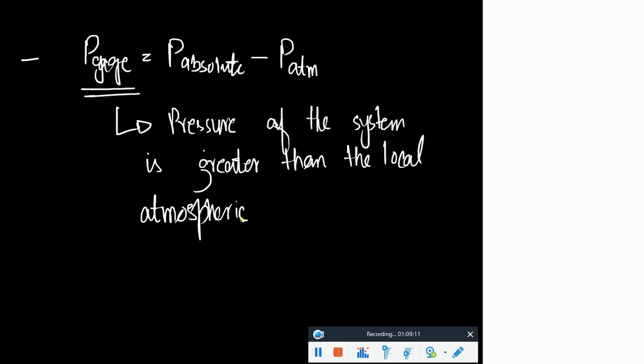I hope you understand what I mean by local. Local means at that point, at that location. So if the pressure of the system is greater than local atmospheric pressure, you would use the term gauge pressure for their difference.